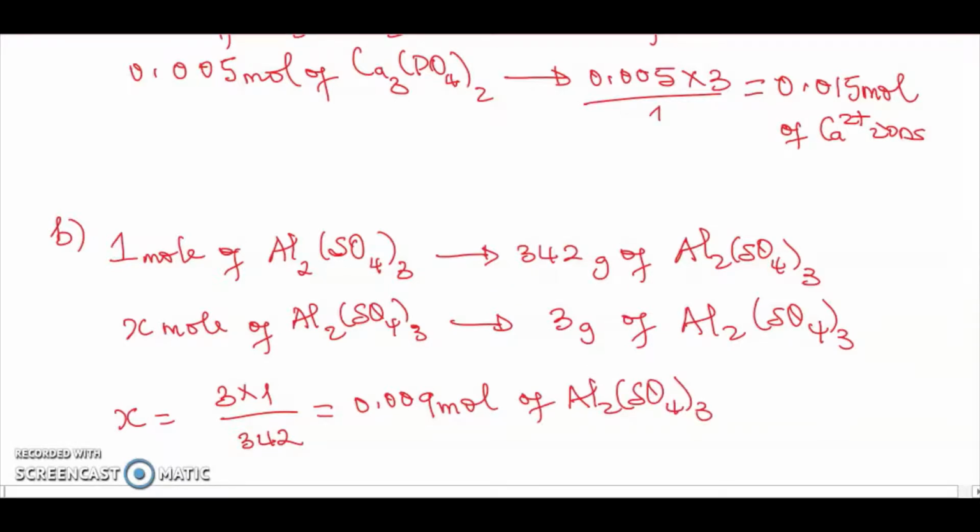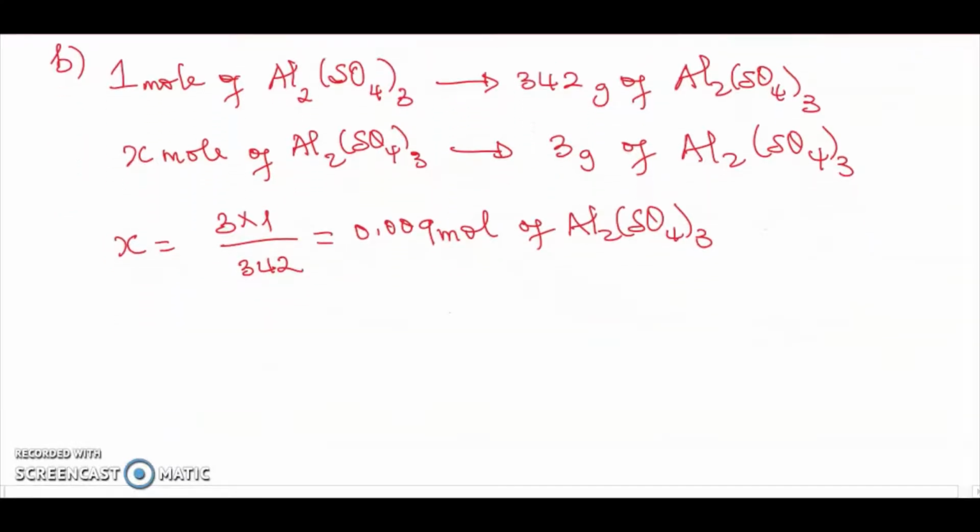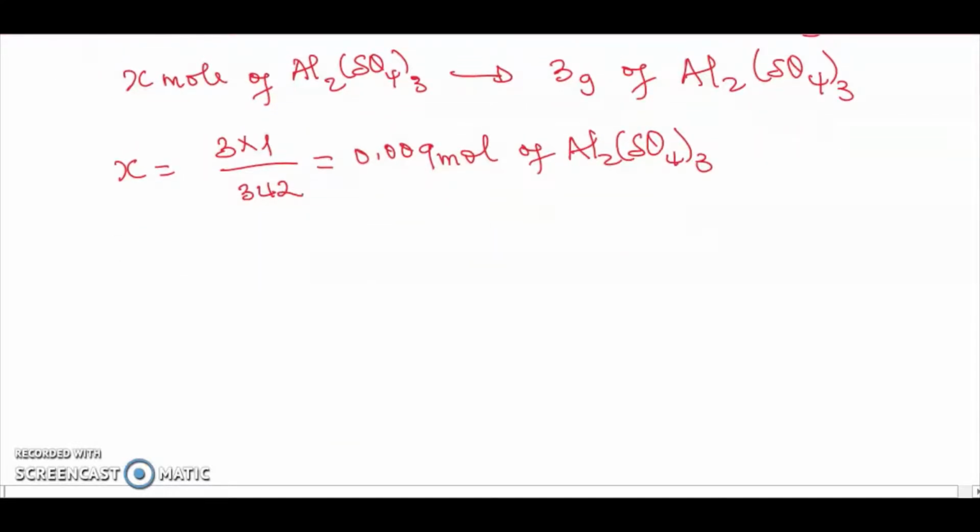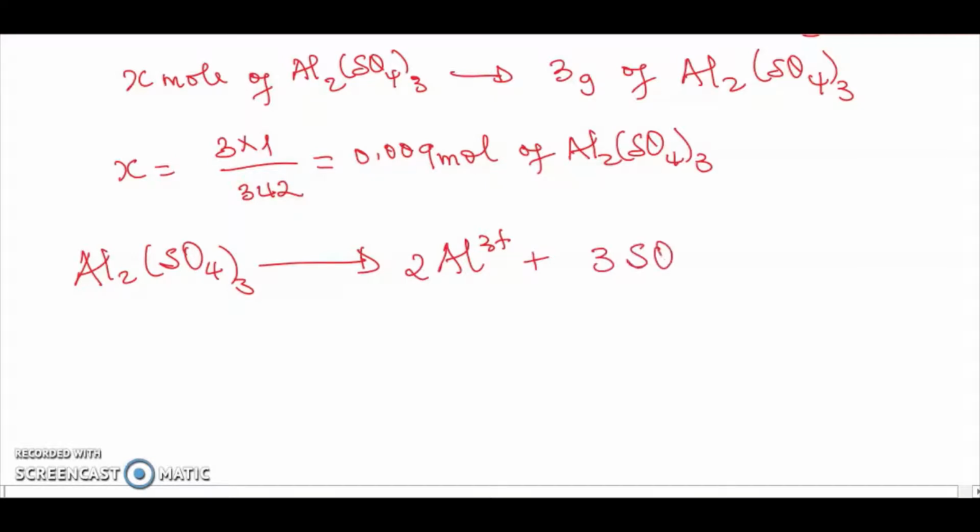And remember, we want to calculate the number of moles of aluminum ions. So let's dissociate aluminum sulfate. It gives us 2Al3+ plus 3SO4 2 minus.